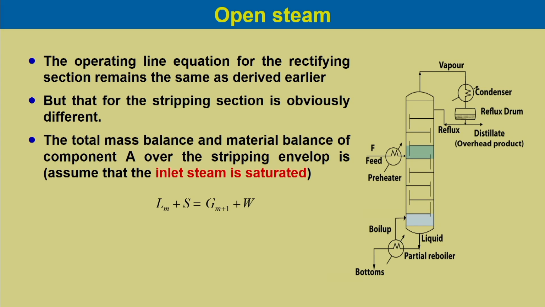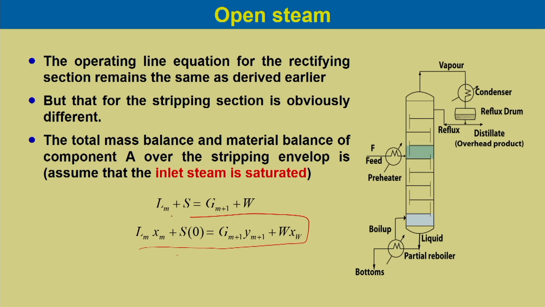Lm is the liquid flow out, plus the steam S, would be equal to Gm plus 1 plus W. Then if we do the species mole balance, it would be Lm Xm plus S into 0, because there is no solute in the steam, would be equal to Gm plus 1 into Ym plus 1 plus W xW.